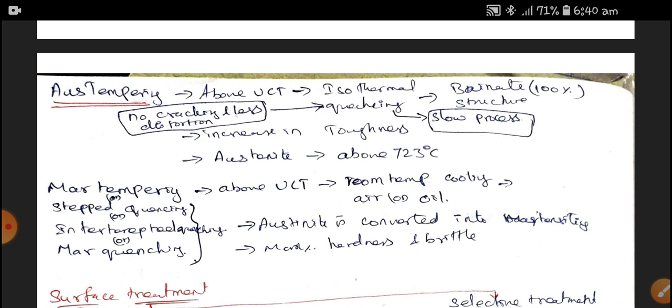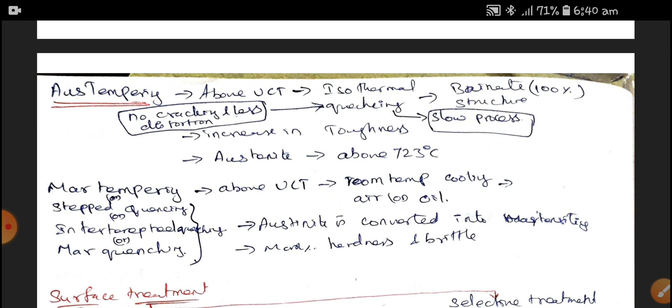Therefore, there is no cracking and less distortion happens. In the Austempering process, a 100% bainite structure is obtained. The 100% bainite has more toughness. Therefore, austenite above 723 degrees Celsius will be converted.